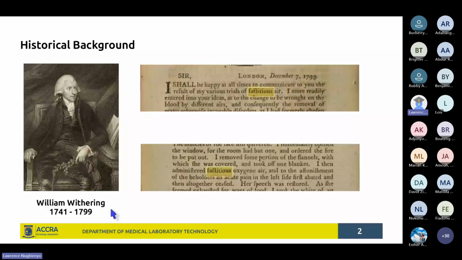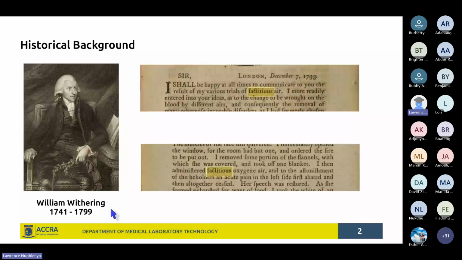And so from then, it was upon his work that some drugs like digoxin, which is used to treat various heart diseases, have been developed. And out of it, many medications for cardiac conditions based on the glycosides have been developed up to today.